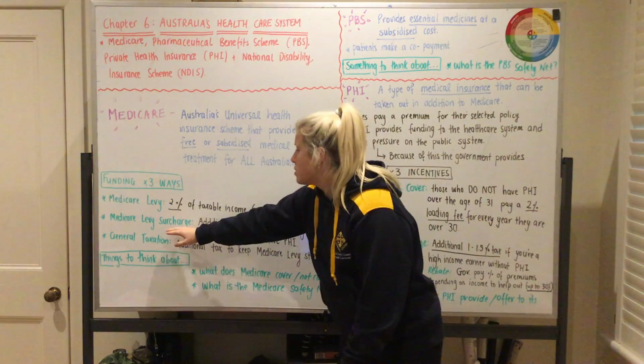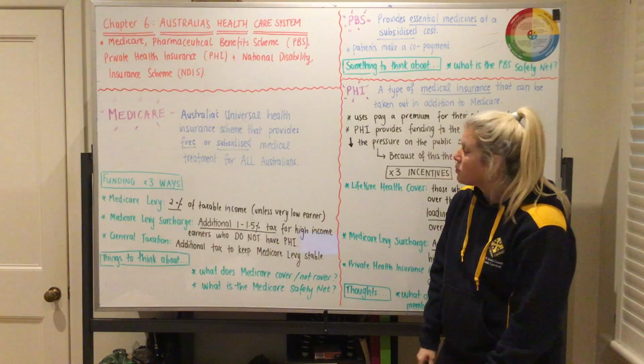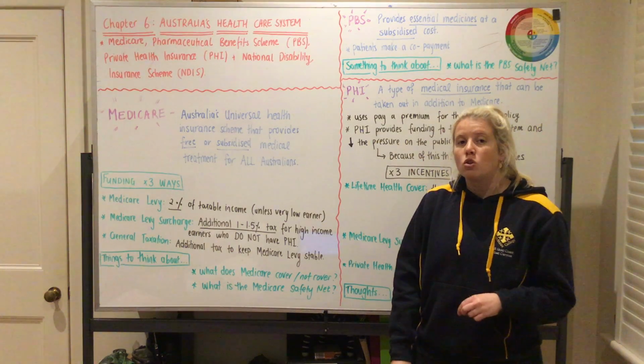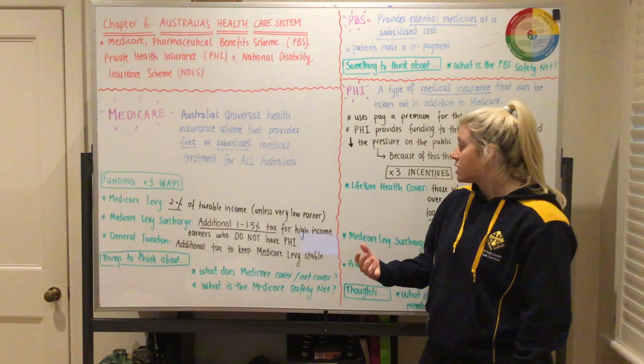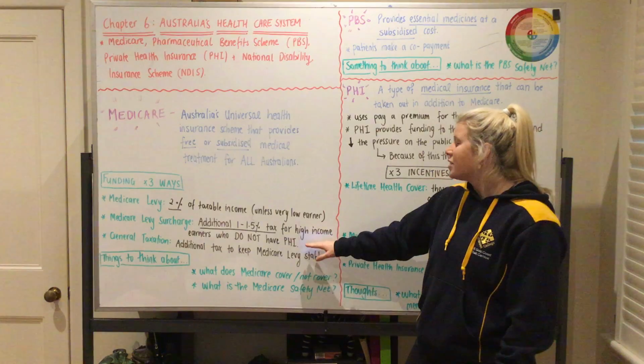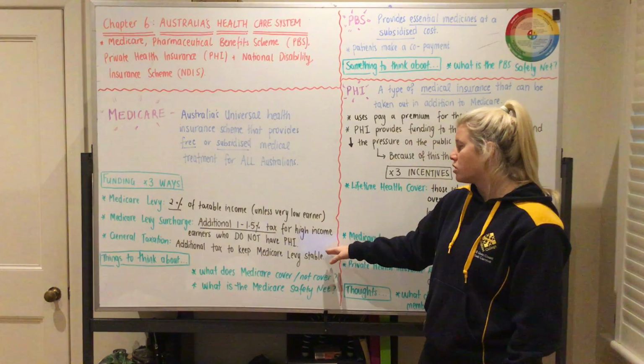Number 2 is the Medicare levy surcharge. So this is for high income earners. So we're looking at an additional 1 to 1.5% tax for those high income earners who aren't taking out private health insurance.